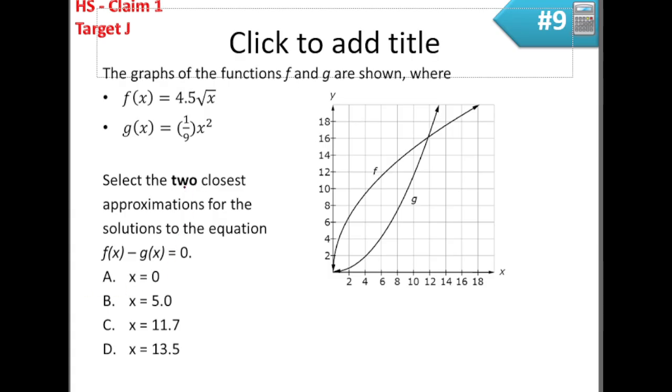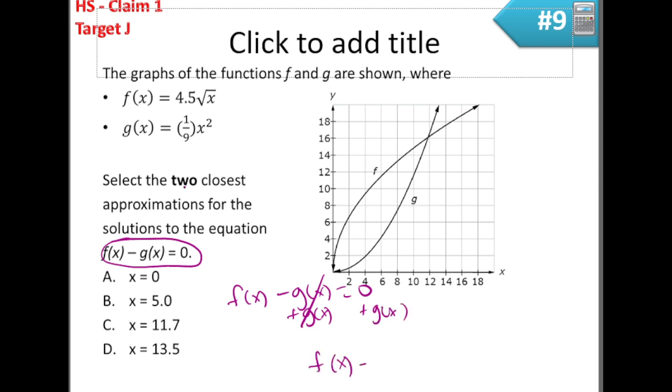Next here, select 2 closest approximations for the solutions to the equation f of x minus g of x equals 0. So if I add g of x here, it's the same thing as saying f of x equals g of x, meaning it's where they intersect. So we are looking for the x value, which is around before 12.